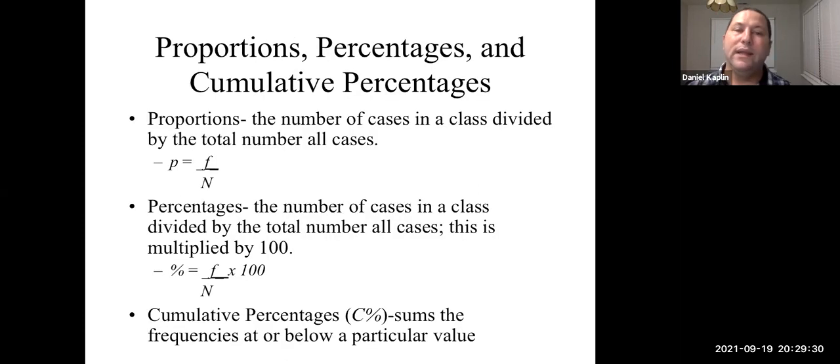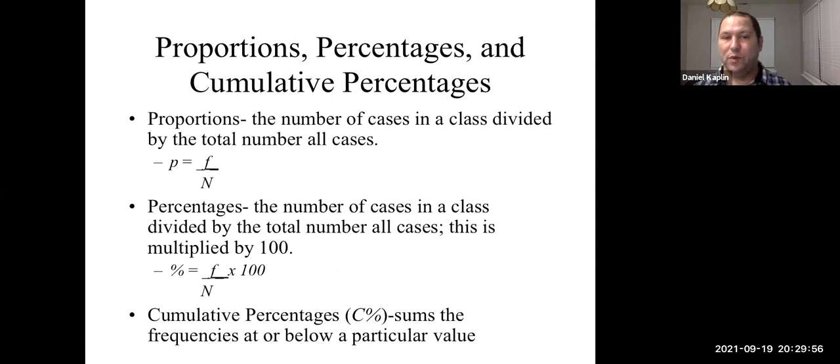Now, if we were going to calculate other statistics, there are other ones that you'll see reported in research studies. You might see proportion, you might see percentage, and you might see cumulative percentage. So proportion is simply the number of cases in a given class divided by the total number of cases.